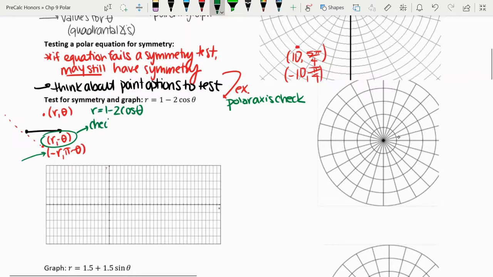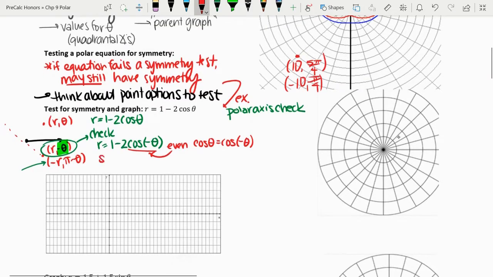For the check, I'm going to sub in the changed value, so negative theta. So we'll have r equals 1 minus 2 cosine negative theta. And since cosine is an even function, because we know, hopefully way back from our trig properties, that this is a true statement, then this is the same as the original.